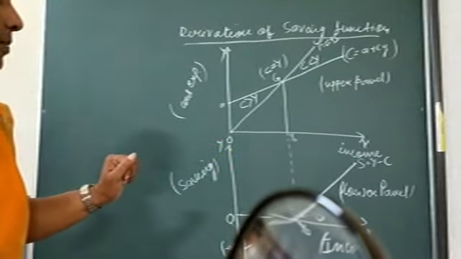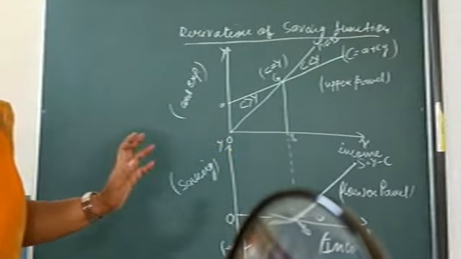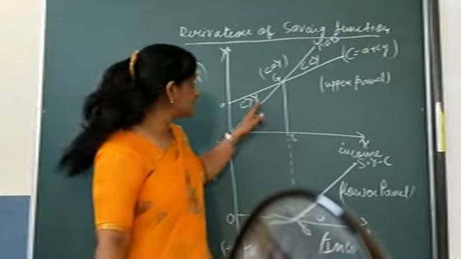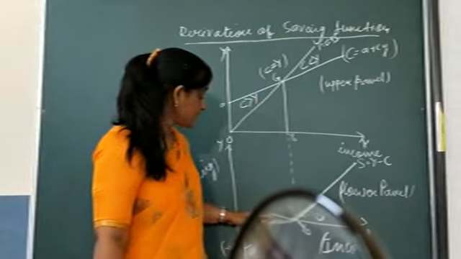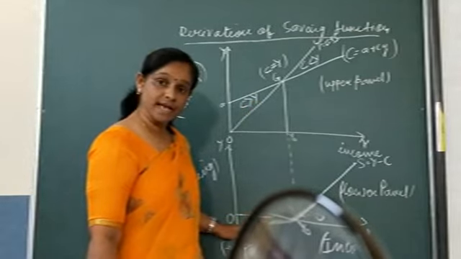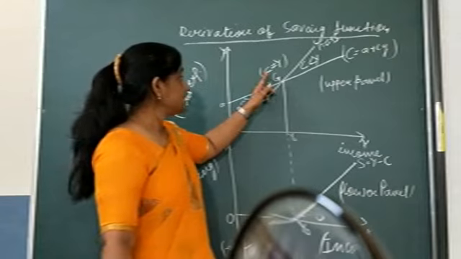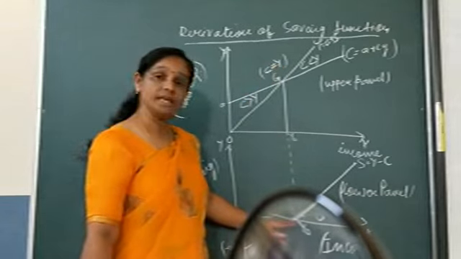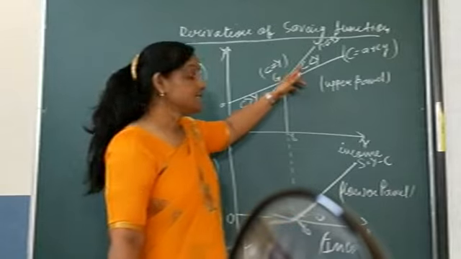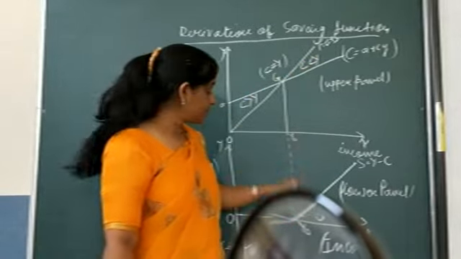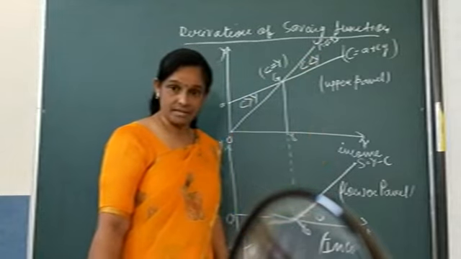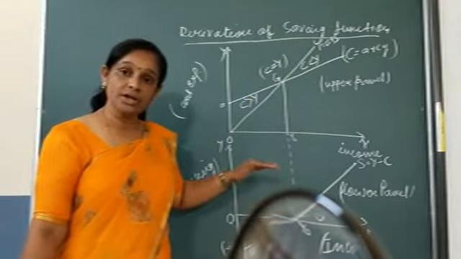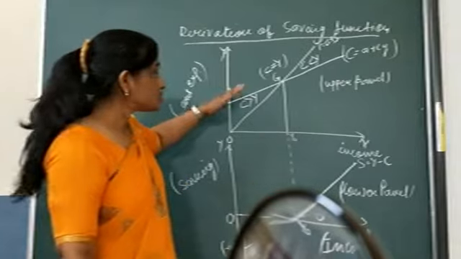How is it derived? You see that when consumption is greater than income, your saving is below the horizontal axis, it is negative. When consumption becomes equal to income, then your saving is zero. When consumption becomes less than income, then actually your saving starts. Is it clear? So, saving function is derived from consumption function.